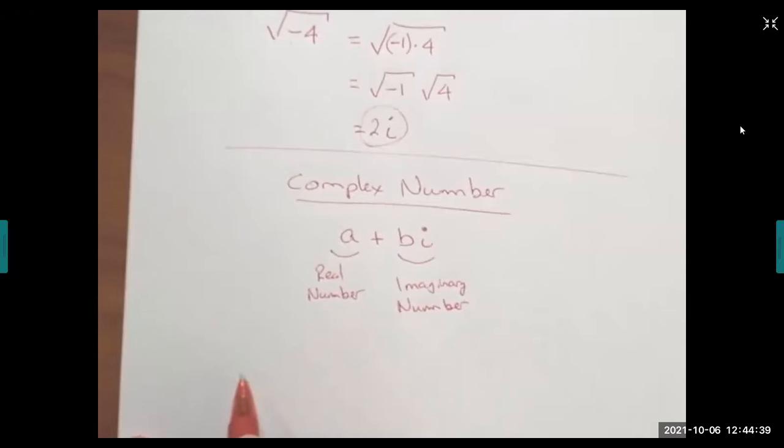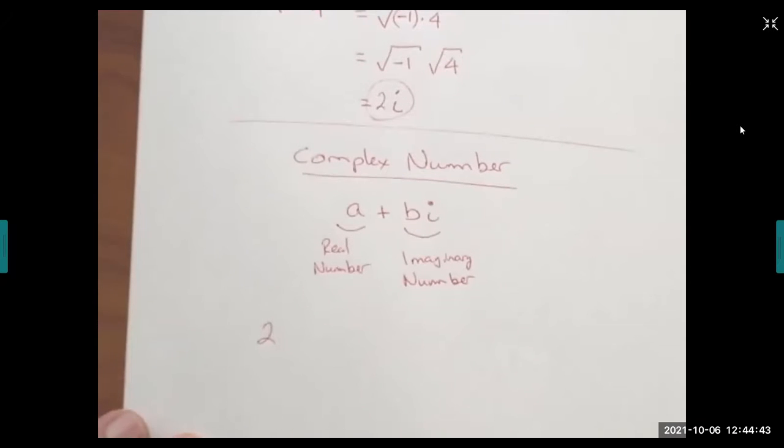So, is 2 a complex number? Can you write 2 in this format? 2, is there an i term? So 2 is a complex number.